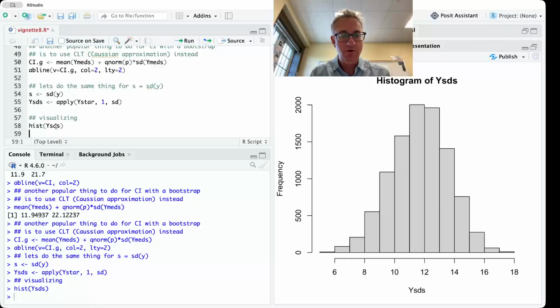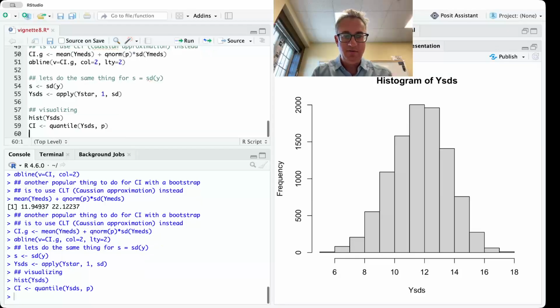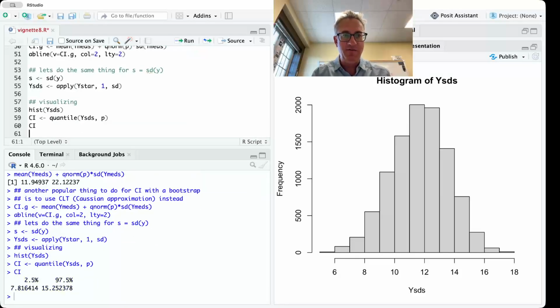So I can do CI is quantile of Y star SD, P. So my confidence interval for the standard deviation is 7.8 to 15.2.